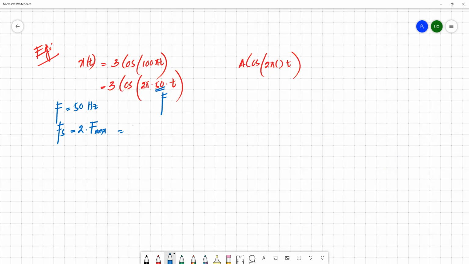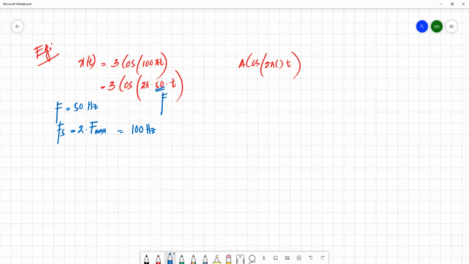Then you need to sample this signal at least at 100 hertz to avoid the previously discussed aliasing effects. This is the minimum sampling frequency to avoid aliasing.